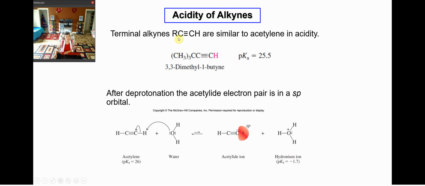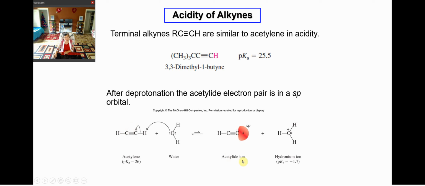If you have an alkyne subjected to terminal monosubstitution, this substituted alkyne also produces a proton much more easily than the related alkene and alkane. The pKa is 25.5. Again, generally speaking it is a very weak acid. If you have water reacted with acetylene, you can produce acetylide, a negatively charged ion.